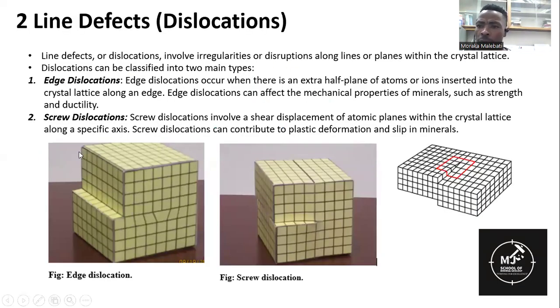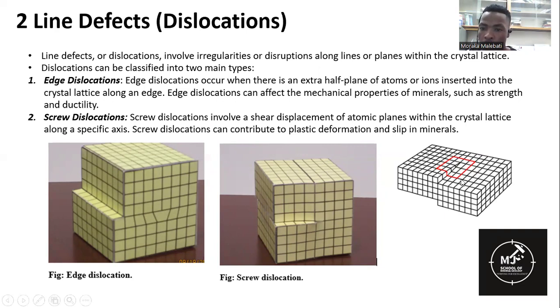Now, line defects, or one-dimensional defects, sorry. Okay, so we're talking dislocations. Like I said, we've got the edge dislocations and the screw dislocation. With the screw dislocation, you share the displacement. You can see here, you share displacement of atomic planes within the crystal lattice, but now along a specific axis, or what you call the screw axis.